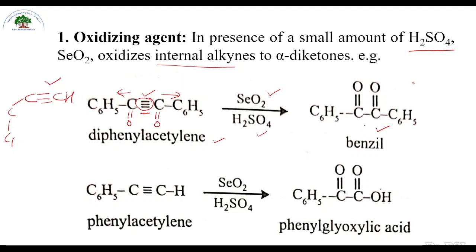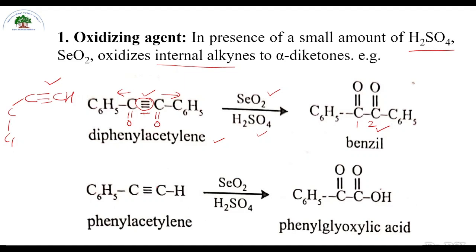Alpha diketones. 1,2 diketones are also known as alpha diketones, or adjacent diketones. Another example, phenyl acetylene.